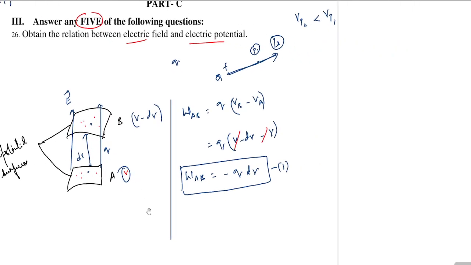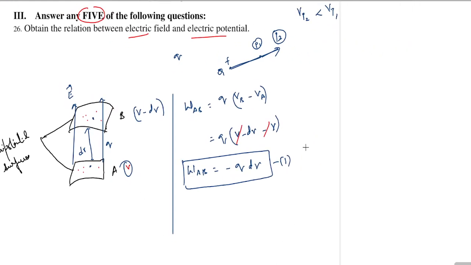And also recall what is work done mechanically. Mechanically, the work done is equal to force into displacement. Let us call the work done W here. But this force in terms of charge would be F equal to Q into E. And also here, the displacement dr and E are in the same direction.